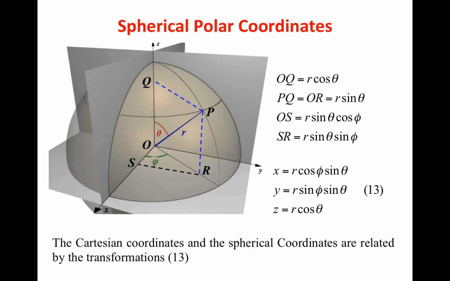The x coordinate, which is equal to OS, comes out to be r sin theta cos phi, and the y coordinate, which is SR, comes out to be r sin theta sin phi, whereas the z coordinate is equal to OQ, which is r cos theta. So, this is how you have the relationship between the Cartesian coordinates and the spherical polar coordinates.